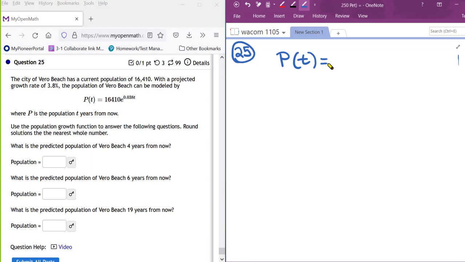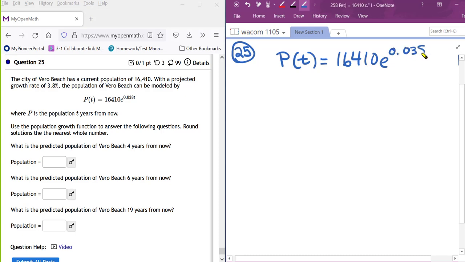So this model models the population of Vero Beach, where P is the population T years from now. And so all we have to do really is plug in and then know how to put it in our calculator.